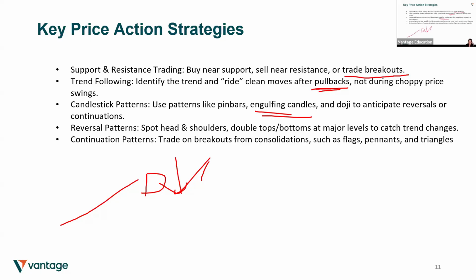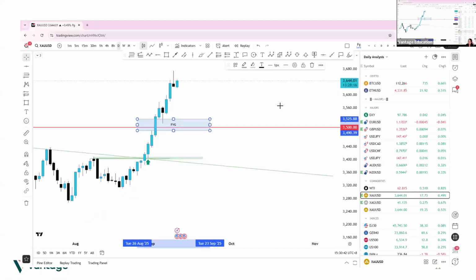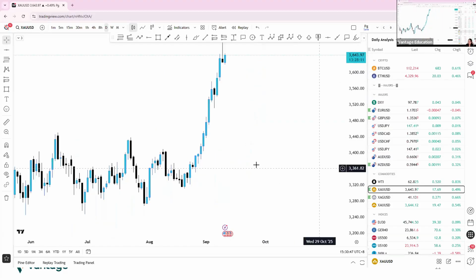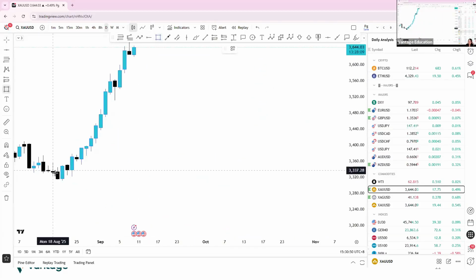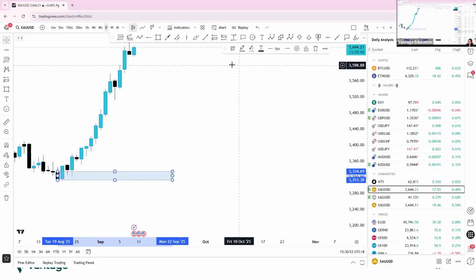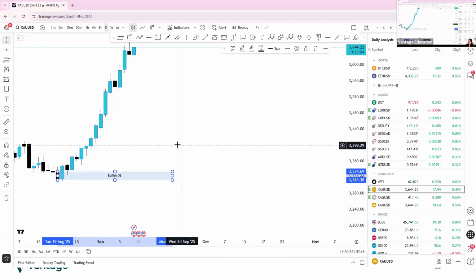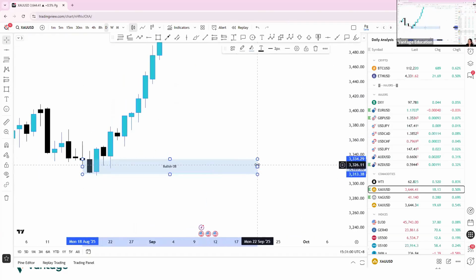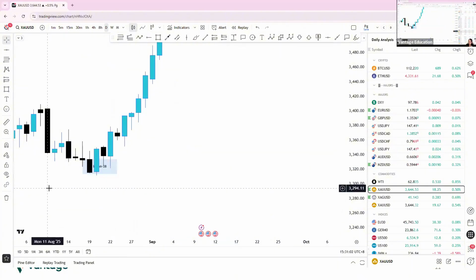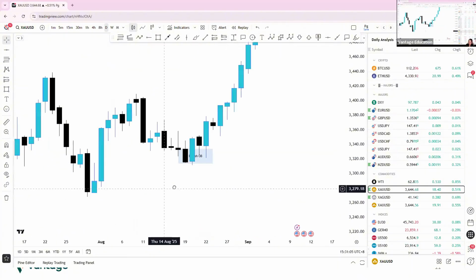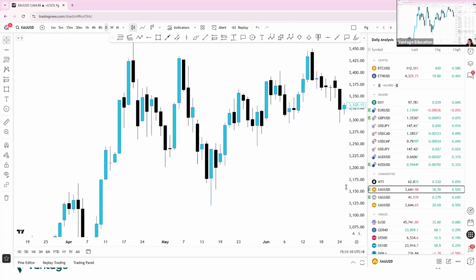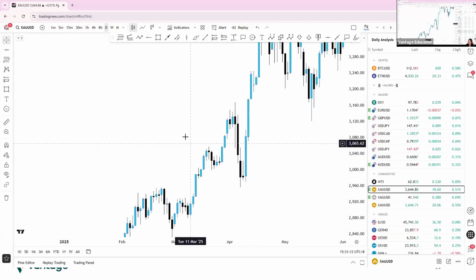Whenever you see a bearish engulfing candle or bullish engulfing candle, smart money concept or SMC will call this a bullish OB, meaning that whenever price goes into the OB, you're going to buy. Not every OB or order block is going to work out. That is a bullish OB.